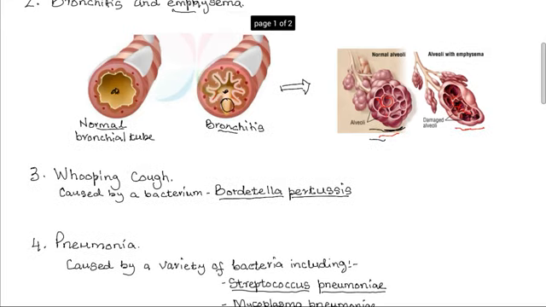Third disease is whooping cough. Whooping cough results from an acute infection of the respiratory tract by the bacterium known as Bordetella pertussis.